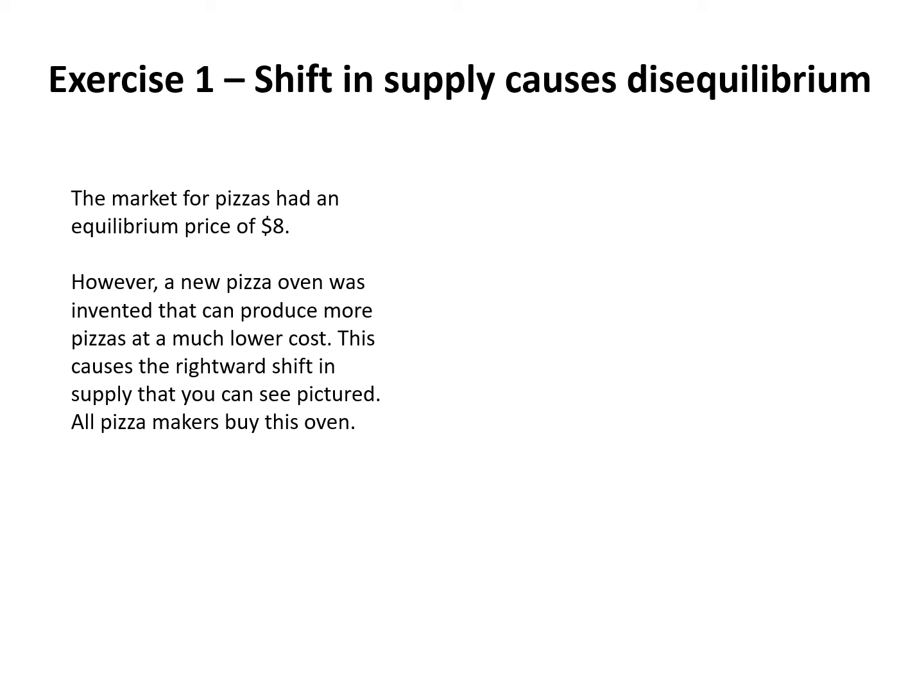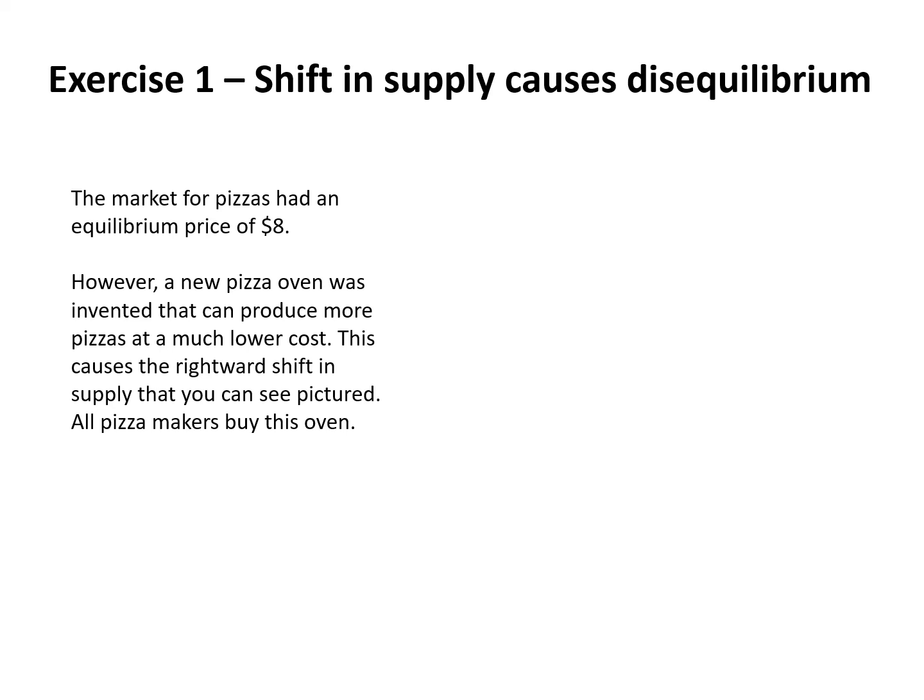That means you can produce more at a lower cost. This causes a rightward shift, because the new technology is in our favor. I can produce more as a supplier, so it will shift the supply curve to the right.